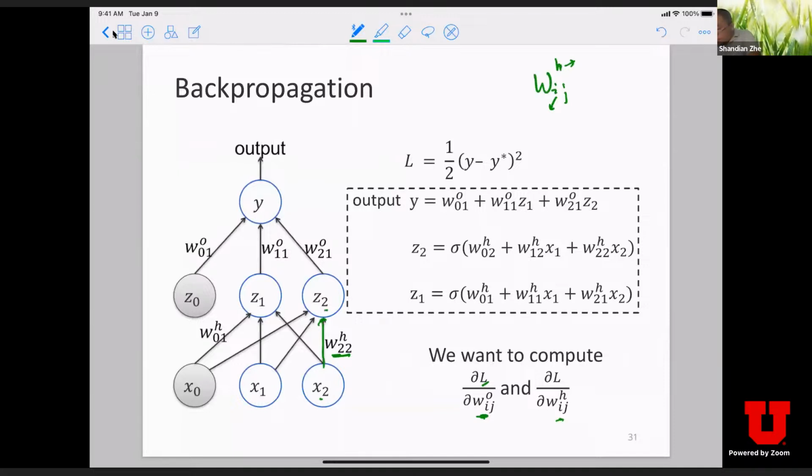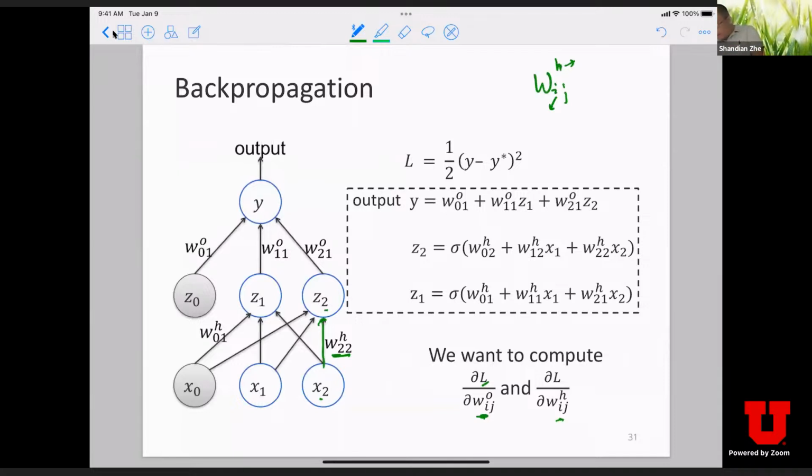And the target node is z2, so the index of the target node is 2 as well. So we denote this weight as W_22^h, right? So it's just the notation. We explained it before, but we just want to re-explain it to avoid you being confused.